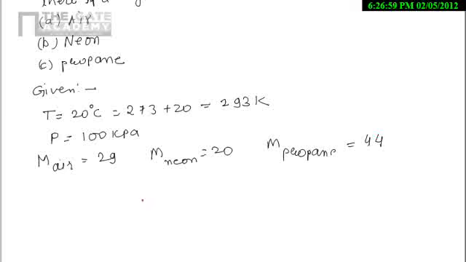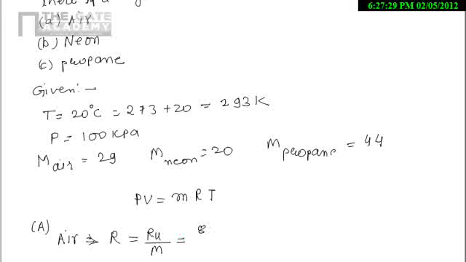So now we have to use the perfect gas equation where we are using the characteristic gas constant. So we have to use PV equals mRT, and we know the value of R, we can easily find out with the help of the relation between R and Ru. So just for air, R will be Ru by M, so we can write 8314 divided by 29.